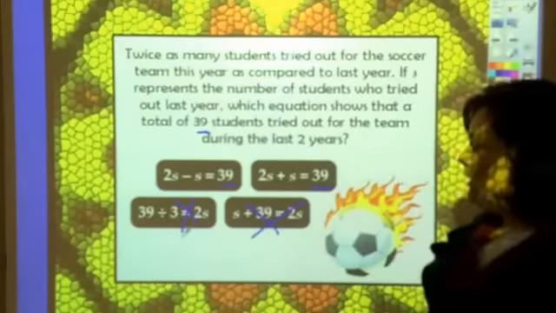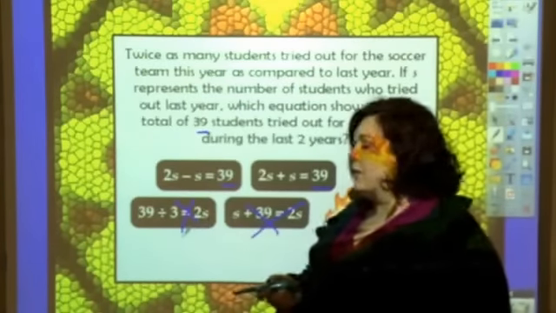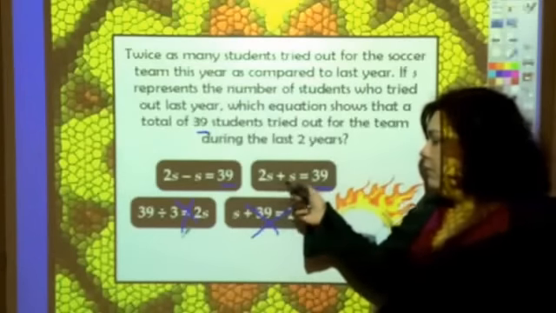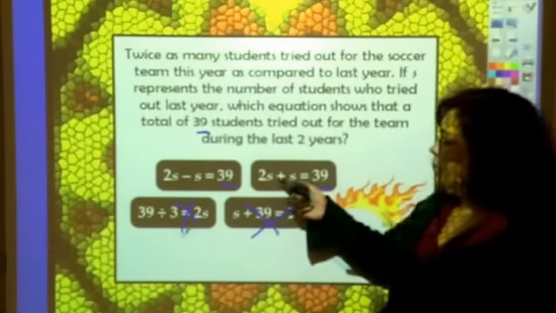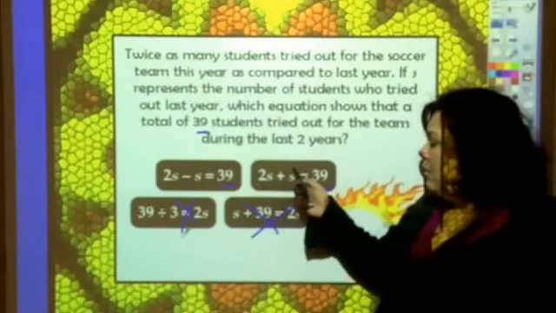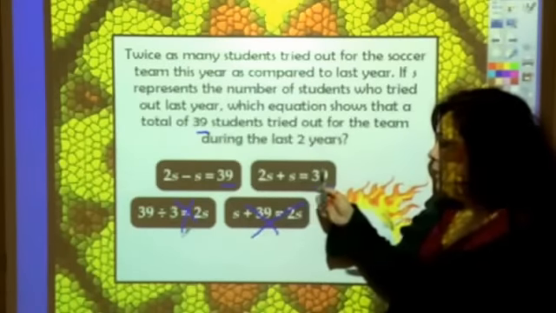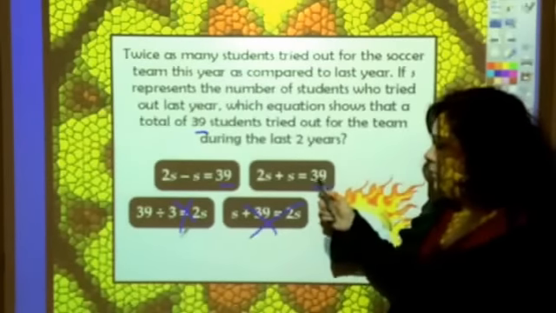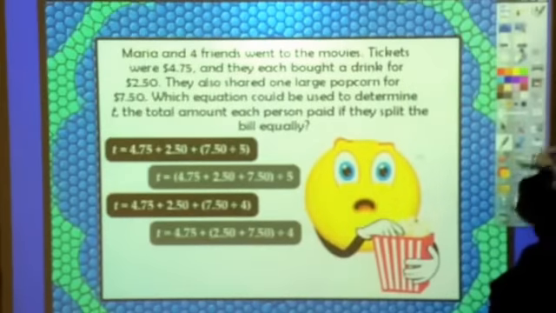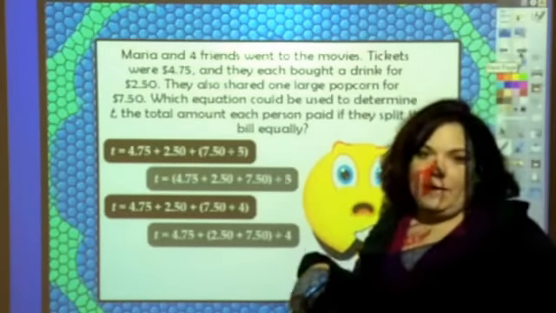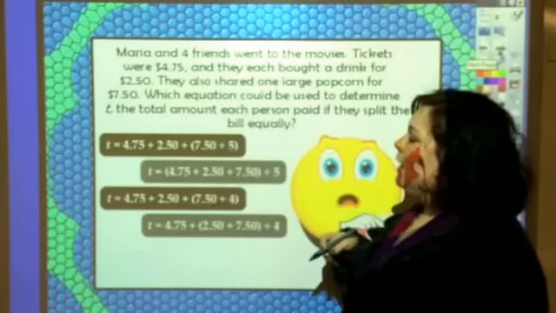And then this is 2 times the students minus the students this year. No, it's 2 times the students plus the students, or twice as many students tried out for soccer this year. This is this year. This is last year. That combined is for the last 2 years, and that equals 39. And it's always easy to eliminate answers and make sure that what you're doing is correct.